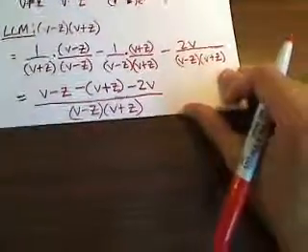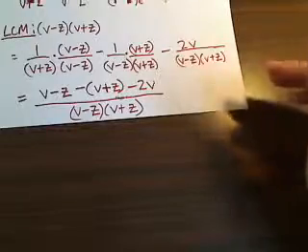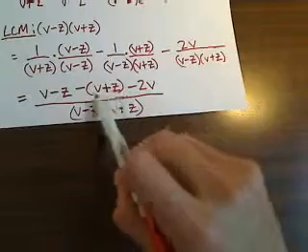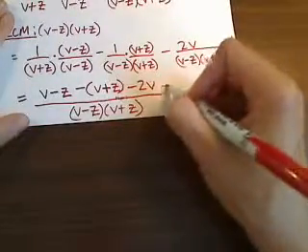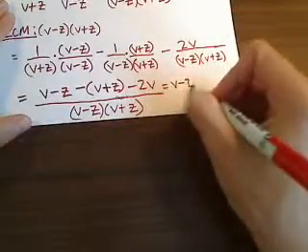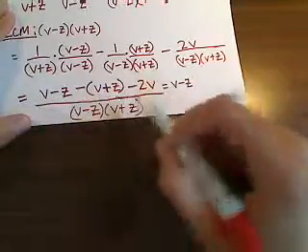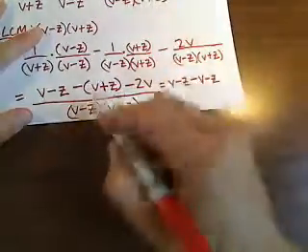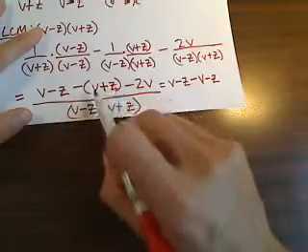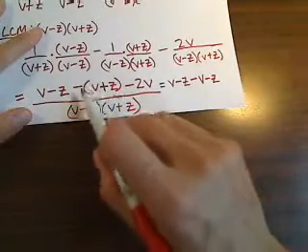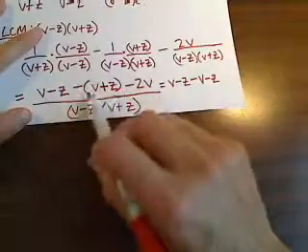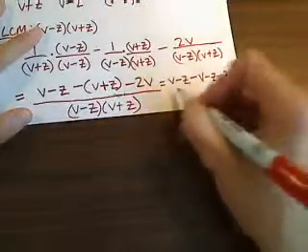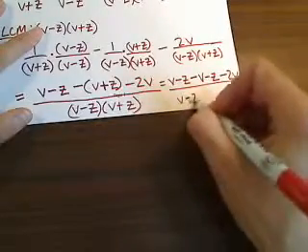Okay, and at this point what we want to do is simplify the numerator. So I need to take this negative and distribute it through. So this is going to be v minus z, that's this v minus z, and then we have a minus v and a minus z. So that's taking the negative and distributing through. So -1 times v is negative v, and -1 times z is negative z. And then we have -2v, and this is all over the LCM.